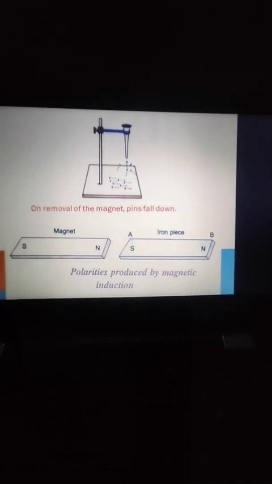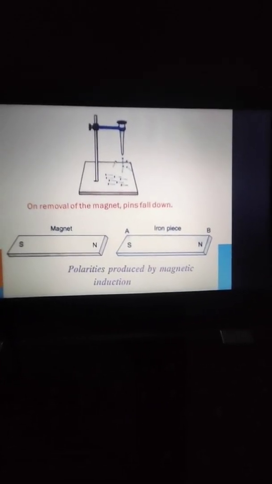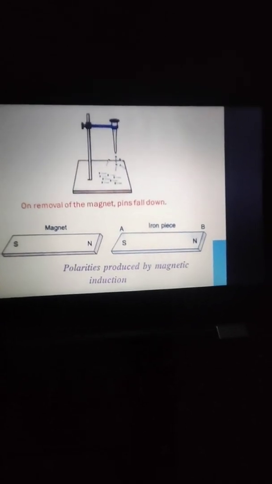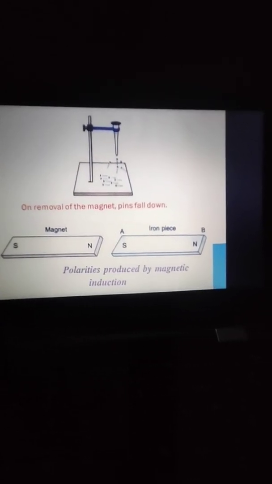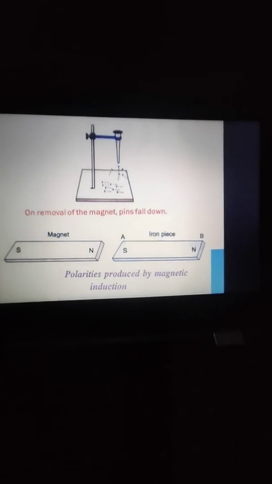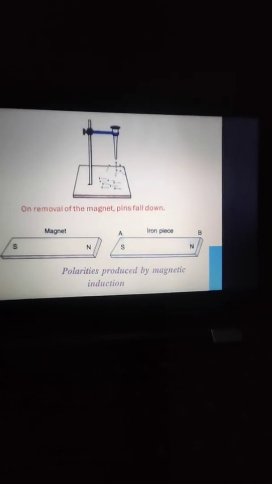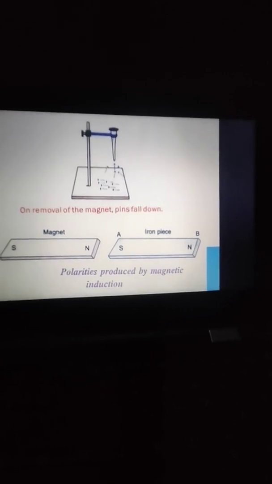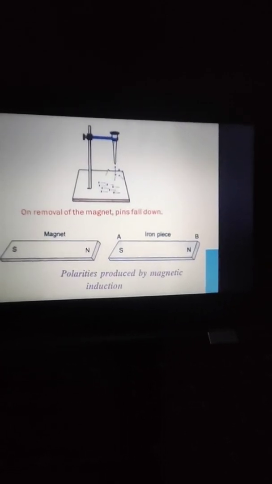So here you can see we have one magnet and one iron piece. If we bring the north pole of a magnet near an iron piece, the near end of the iron piece will get which polarity? South, the opposite polarity.